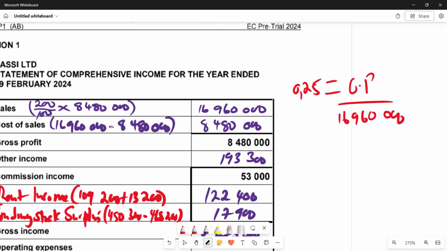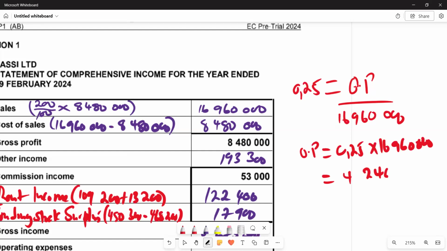Right, now finding our operating profit, we can make it the simple formula whereby operating profit is equal to 0.25 times 16,960,000 there. And we calculate as such to see that the figure for operating profit that you are supposed to get there is going to be 4,240,000. So this is the operating profit.